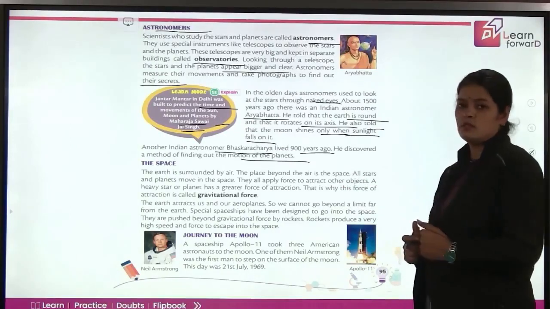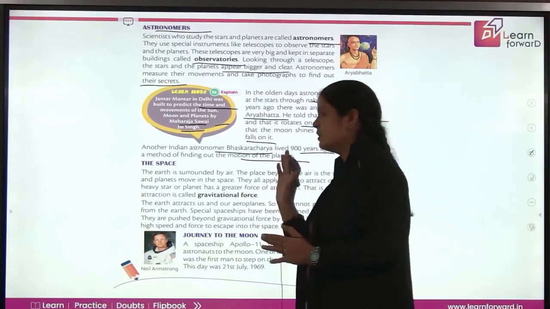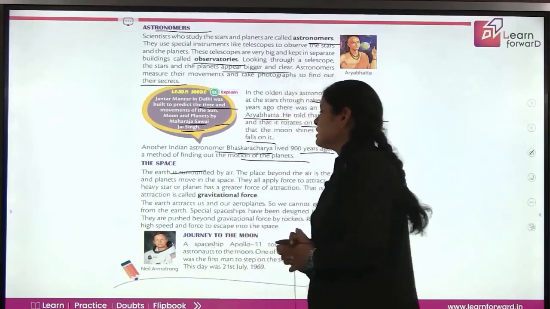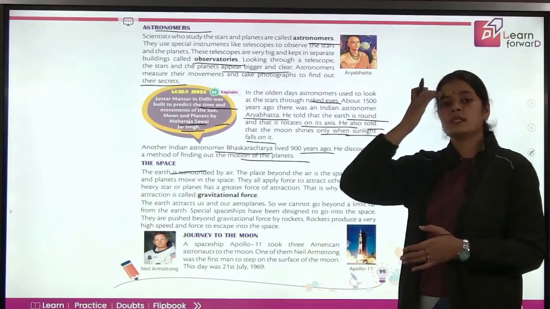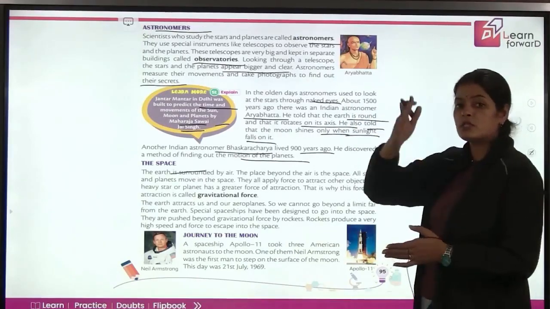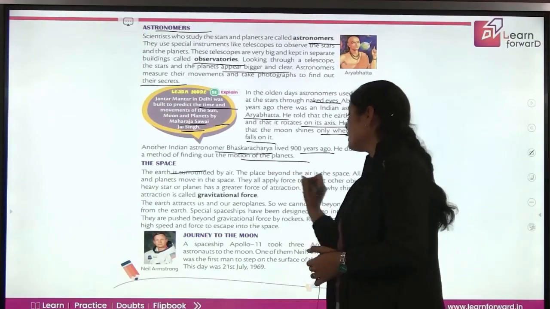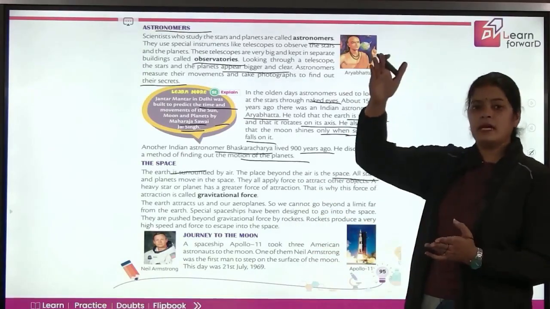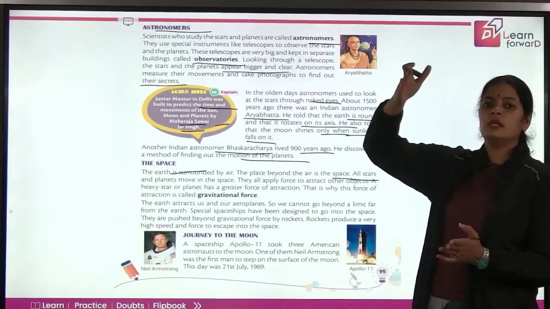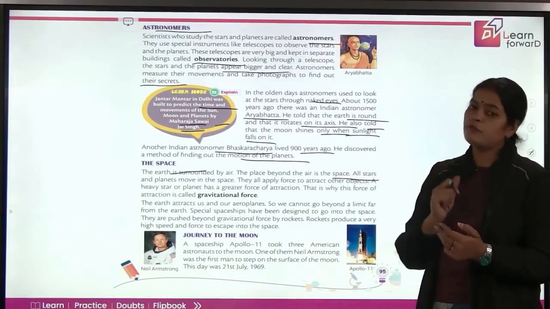Now the space. The earth is surrounded by air, we know. In the starting of the chapter, we discussed that we have atmosphere from the surface till 600 kilometers. The place beyond the air is called space. In the atmosphere we have the gravitational force of earth.